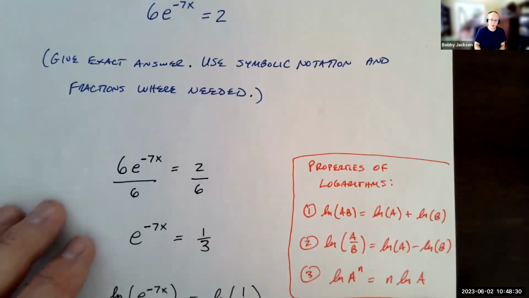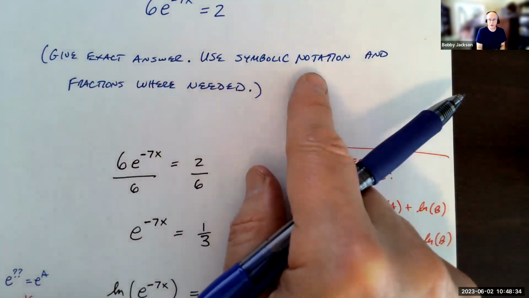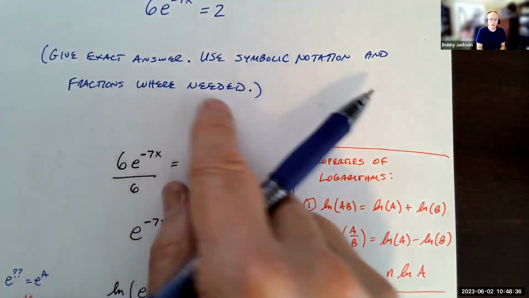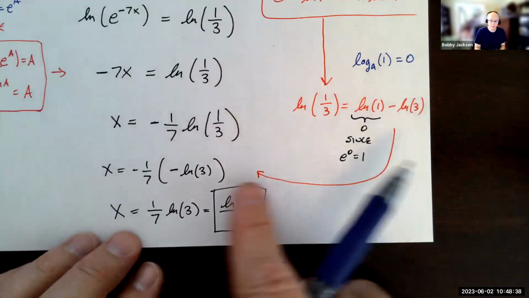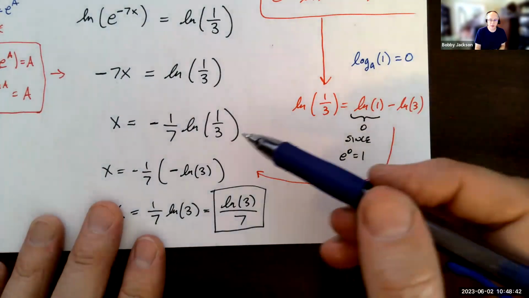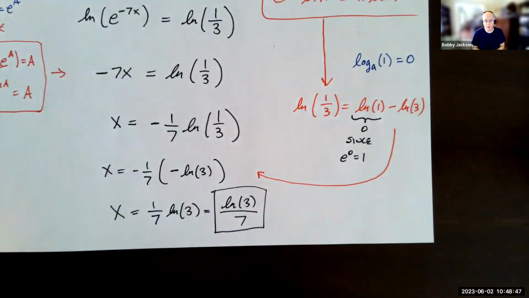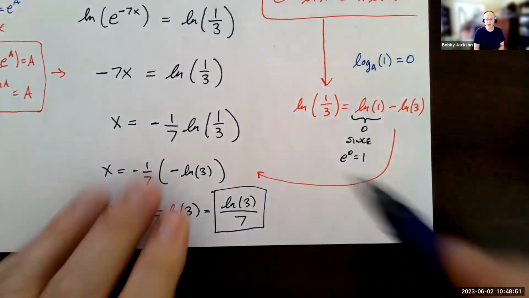The directions were to use symbolic notation, so that's where the log comes in, and fractions were needed. And so it's looking for maybe a form like this. On a test, if you got to this point, I would be pretty happy with that and give you full credit. For instance, if this was a pre-calculus class, I'd be really happy if you got to that stage.